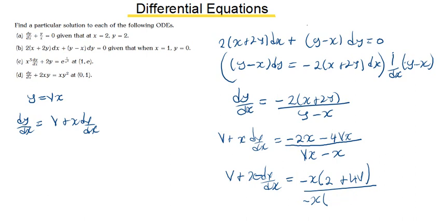Instead of saying negative v plus 1, I'll say 1 minus v. So this can go and that can go. We now have v plus x dv/dx equals (2 plus 4v) divided by (1 minus v), like that.